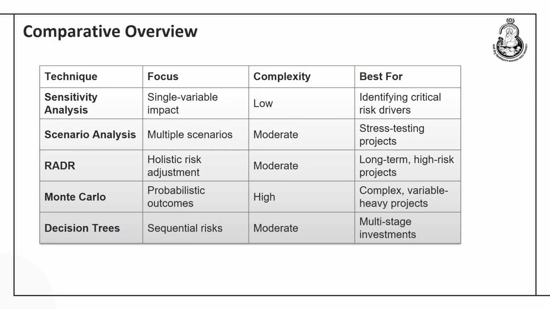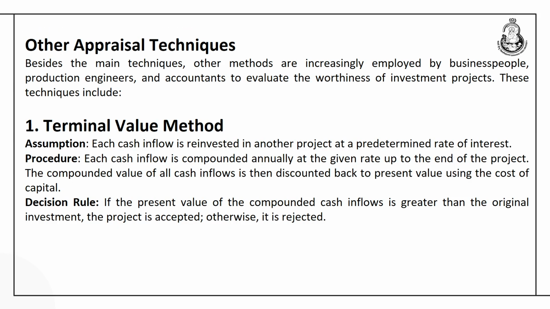This is the comparative overview of sensitivity analysis, scenario analysis, RADR, Monte Carlo and the decision tree, which can be referred to for a bird's eye view of a comparative study of these methods available to business organizations.